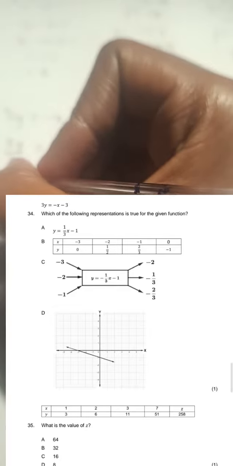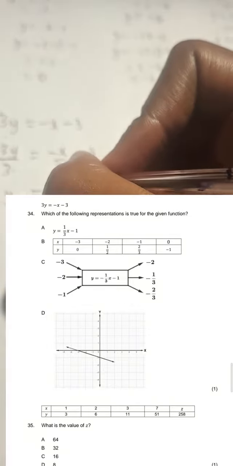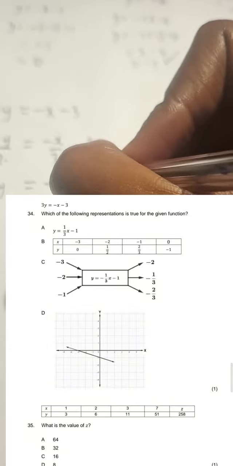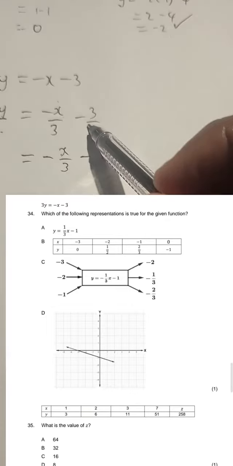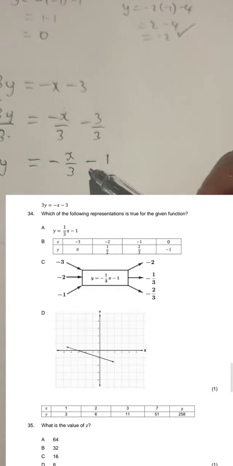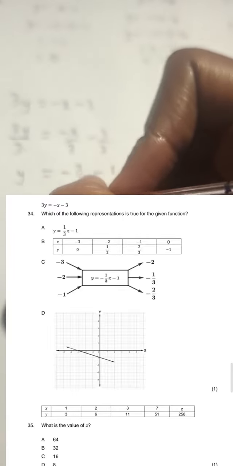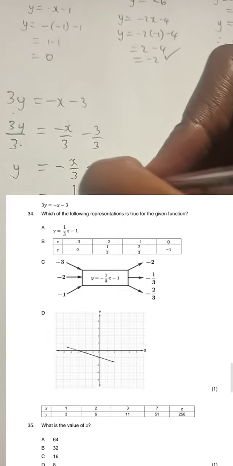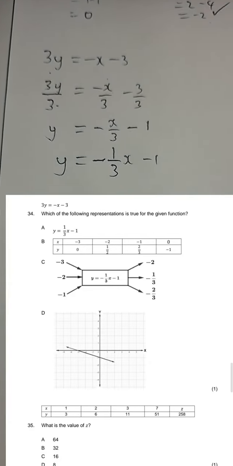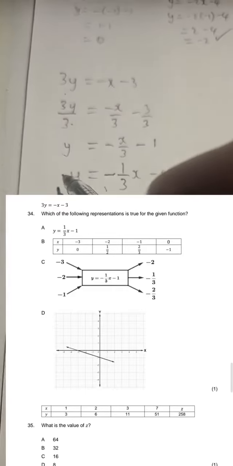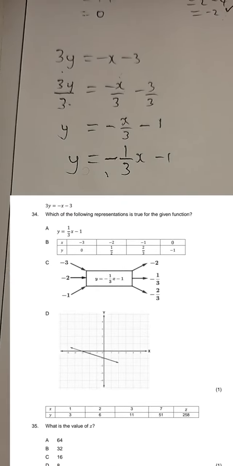3 divided by 3 is 1, so we are left with y is equal to, then we have a negative x over 3, minus 3 divided by 3 is negative 1, because this is a negative and a positive, which gives us negative 1. So we have negative 1 over 3x minus 1, which is the equation of the linear function when we write it in its standard form.